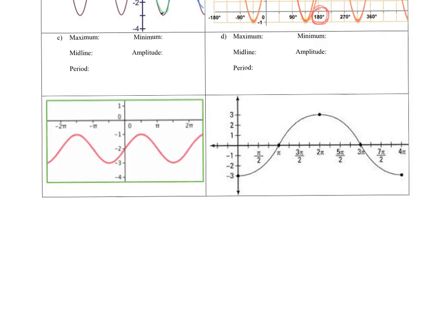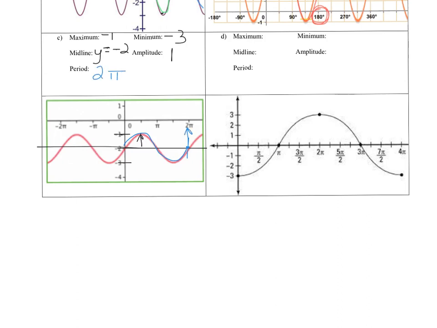For this first one, maximum is -1, minimum is -3, the midline is right in the middle at y equals -2. The amplitude from that middle to the top is just 1. And the period, if I trace it out, this is an up, down, and up, is 2 pi.